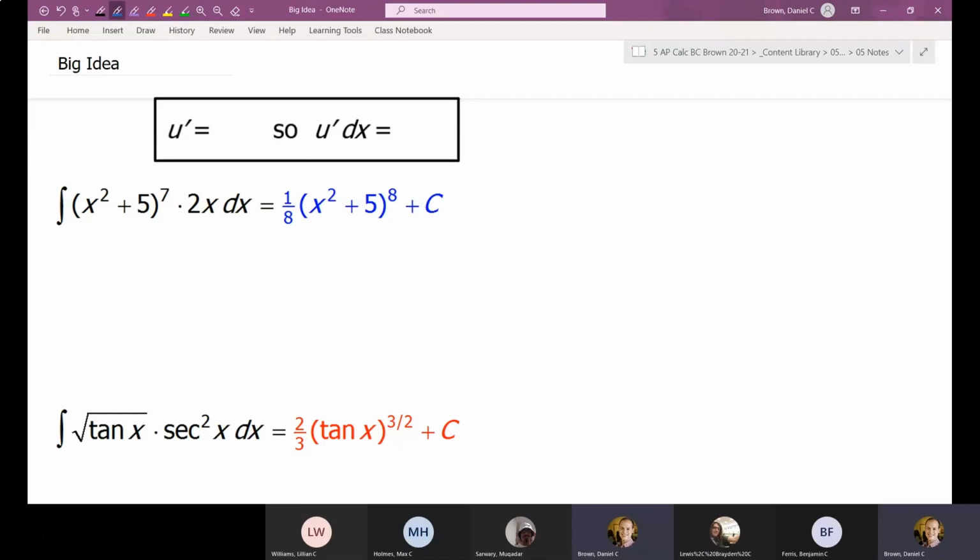What's another way we can write U prime using a different notation? The Leibniz notation. How can we write that in the Leibniz notation? Du over dx. So this means the same thing. We know that U prime is equal to du over dx. Those are just two ways of saying the same thing.